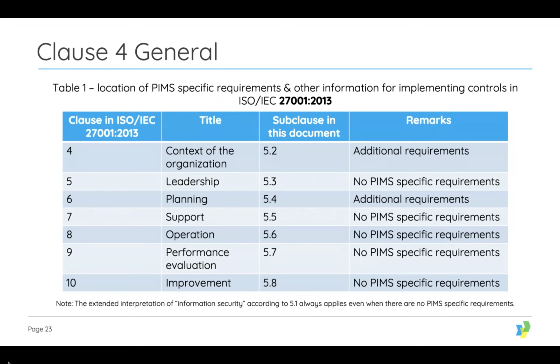Clause 5 talks of leadership, clause 6 talks of planning, 7 talks of support. We're going to discuss more on clause 7 today because that is the most important aspect of implementing the PII, and then the operational aspects, which is clause 8, and performance evaluation, which is clause 9, and then the improvement lifecycle, which is clause 10.